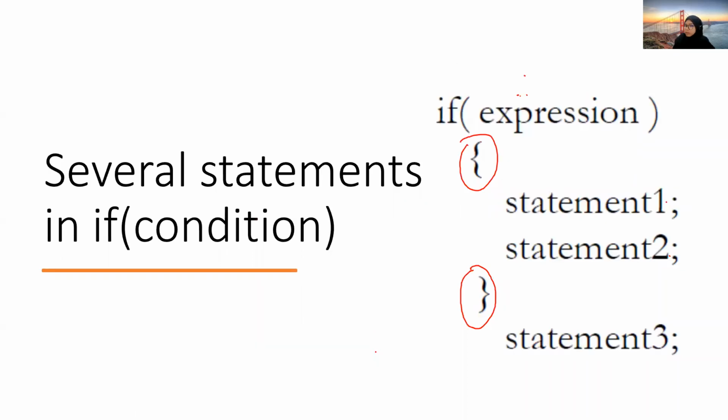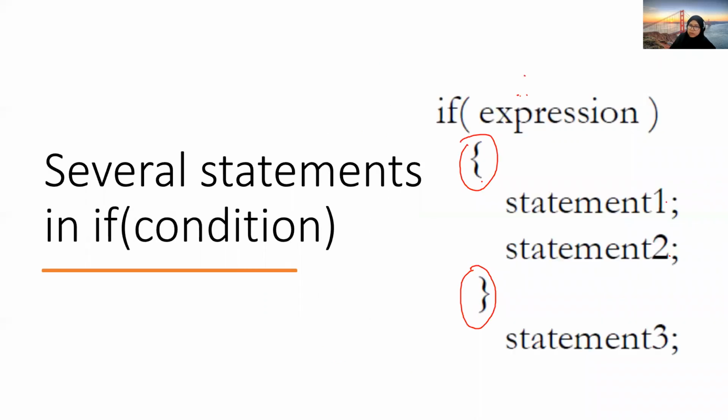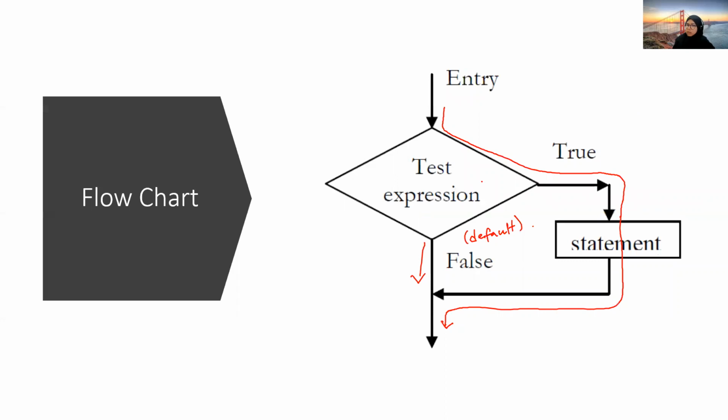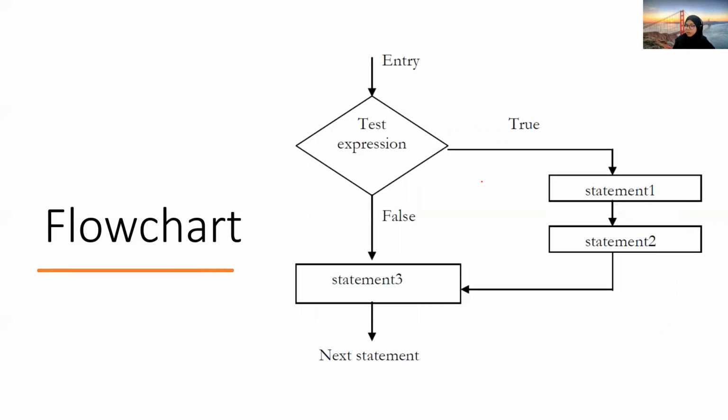It's an easy example, and the flow chart looks like this. The only difference is what? This one is only a single statement, but this one we have a double statement, or you can say a compound statement. We have more than one statement.